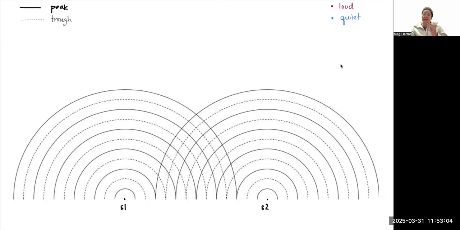And for the record, if you do this experiment, you play two sounds from the speakers and you walk around, you will notice exactly what I just said, which is that there are spots where it's very loud. But there are also spots where it's very quiet.